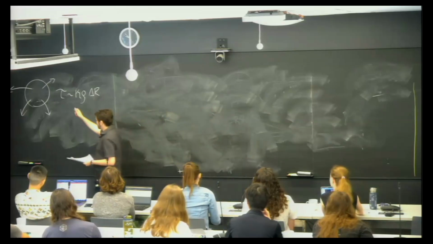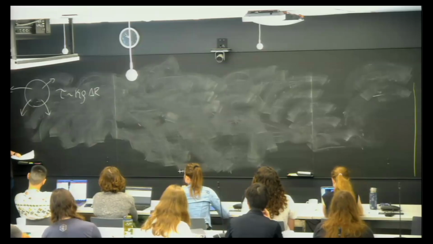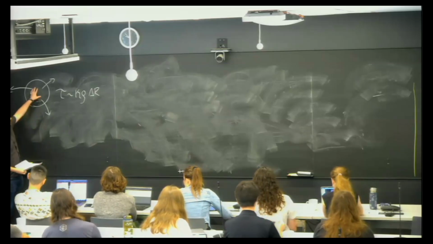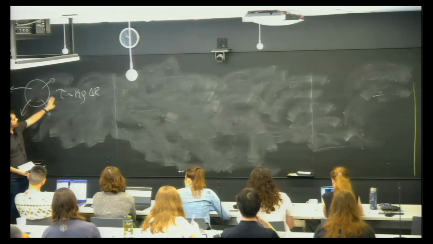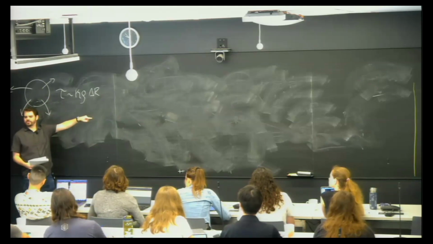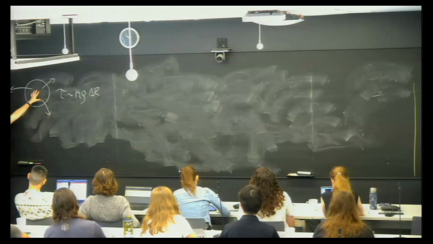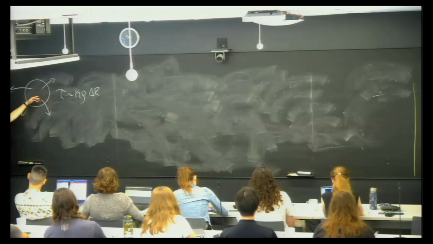So let's get into that a little bit. We have our ejecta that's expanding, and we can just ask, as this expands, well, it becomes easier and easier to see through. And here's why. You have the density that's decreasing, but the radius is increasing.